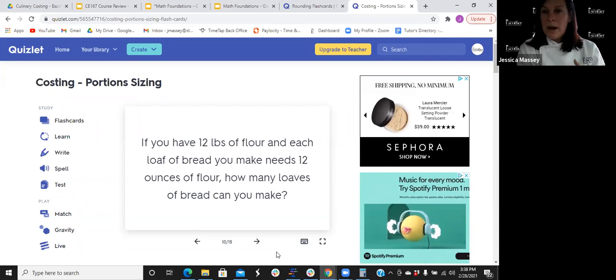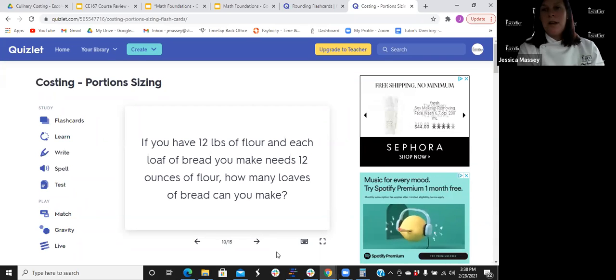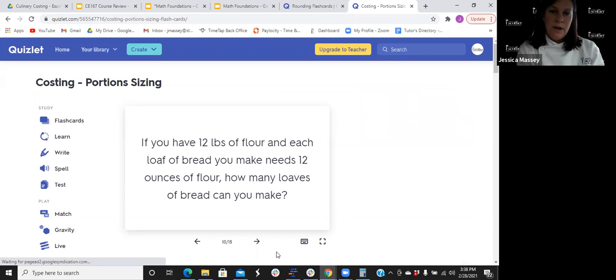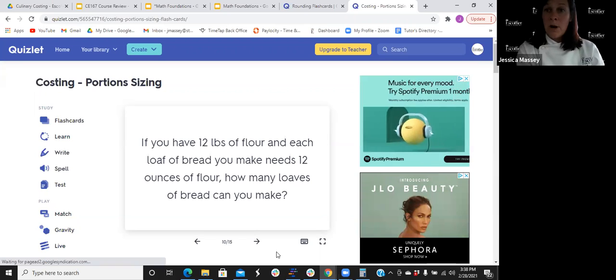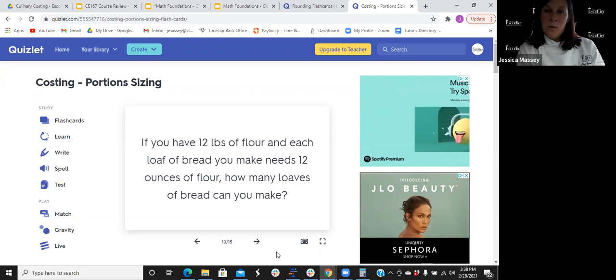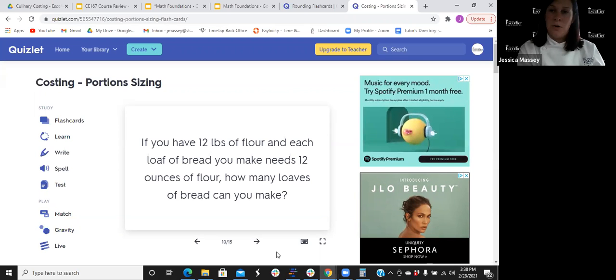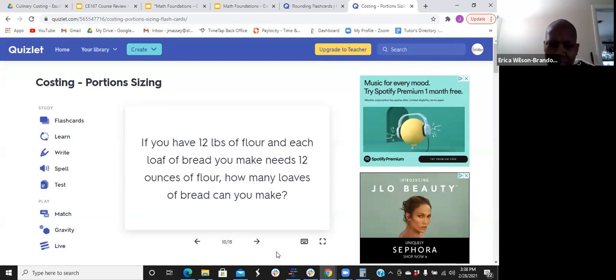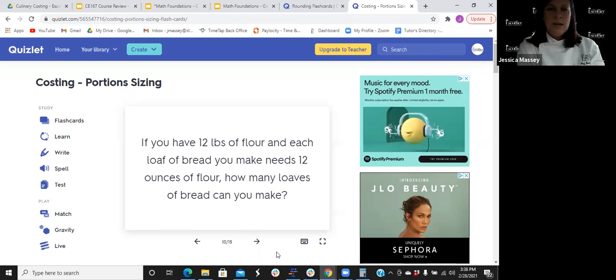So try to put it in the regular context of how you're going to use it in a kitchen, whether that kitchen is your home and you're making maybe 3 pies for a Sunday brunch, or you're in a commercial kitchen and you're making 180 pies. It's the same idea in costing and the same idea in math, figuring out what can you do with what you have, and what do you need to order for what you're doing. So that's a great way to look at it, using those trigger words and looking at it in context of what makes sense here.